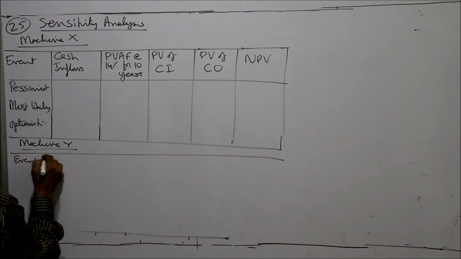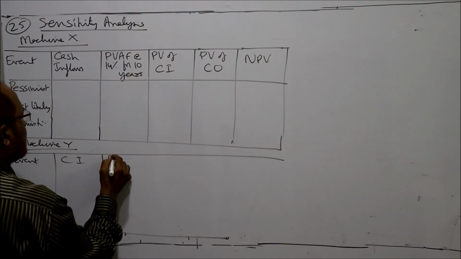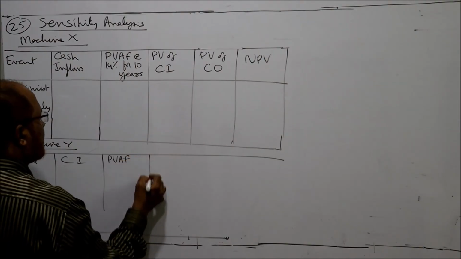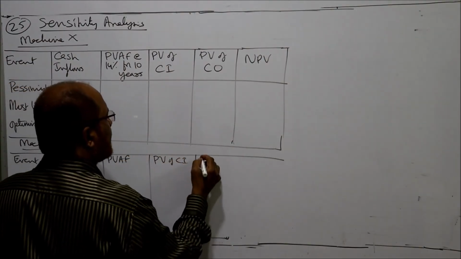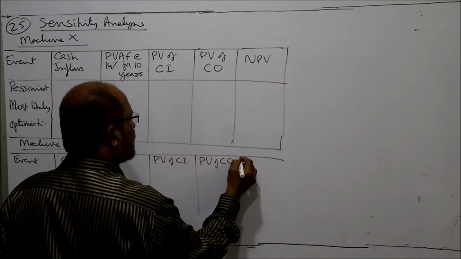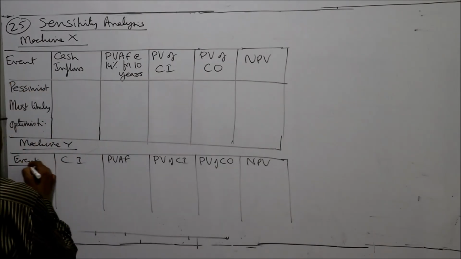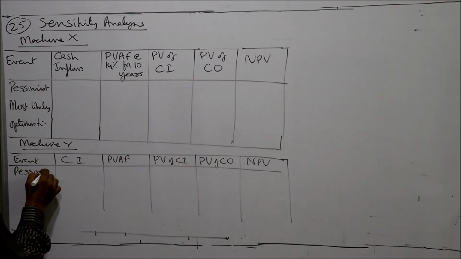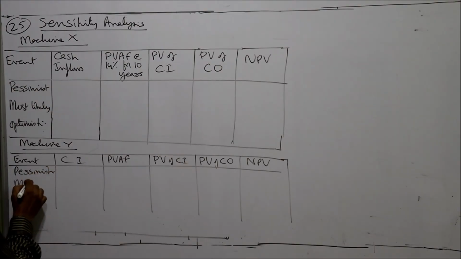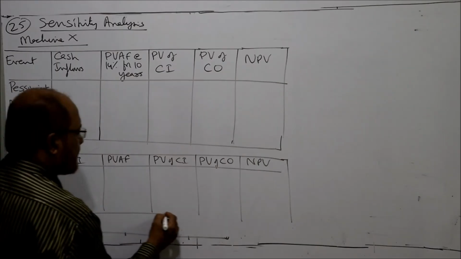Event, cash inflows, PV of annuity factor, PV of cash inflow, PV of cash outflow, NPV. Pessimistic, most likely, optimistic.